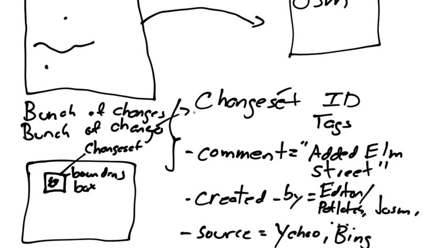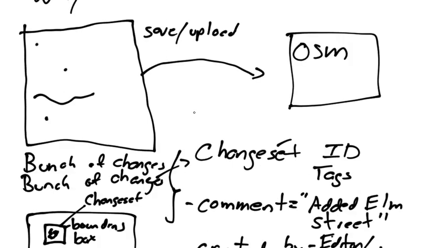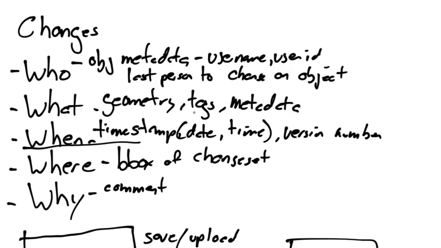It's a collection of changes, and that can span some time, and that gets a little bit complicated, so maybe we'll cover that in a future video. But I just wanted to go over the concept of this thing called the change set, that's how things are saved in OpenStreetMap, that they have ID numbers, they have geometry, and they have tags, and that closes up our explanation of looking at changes.